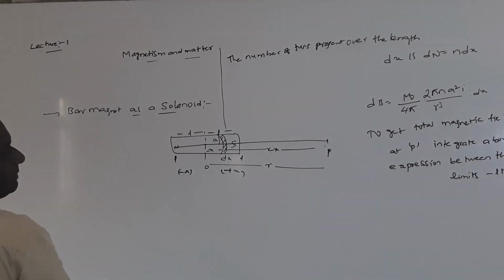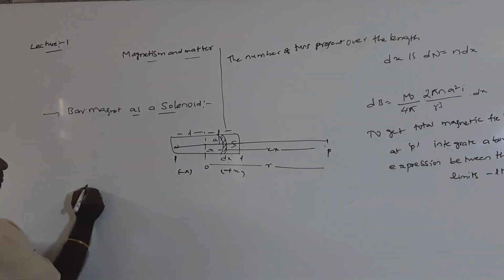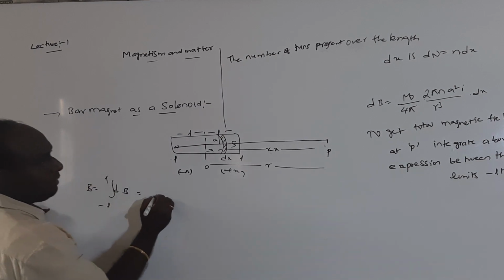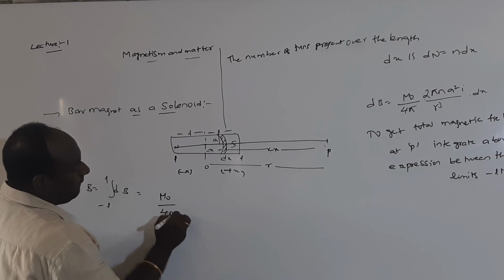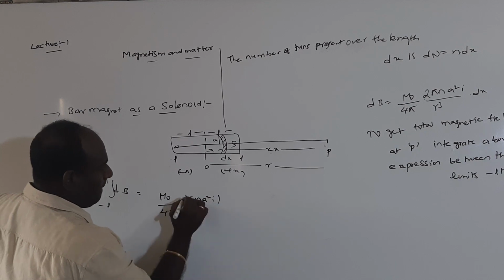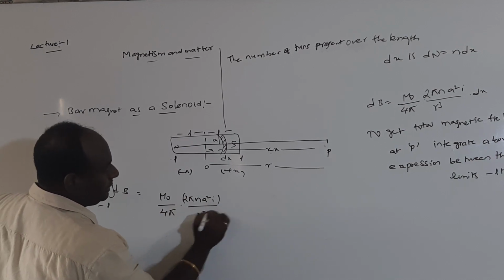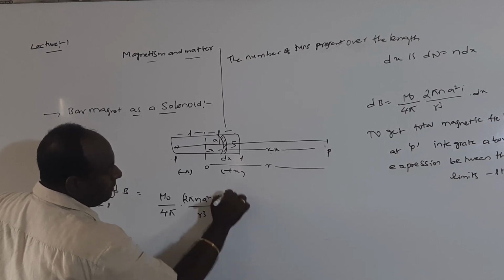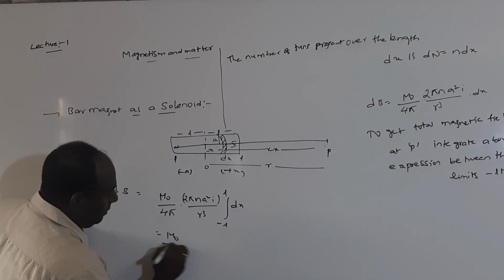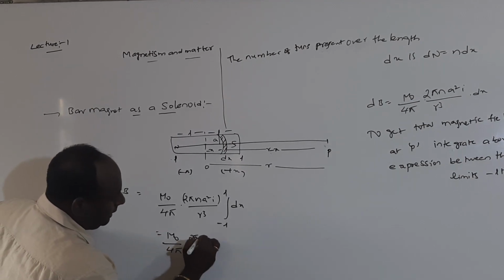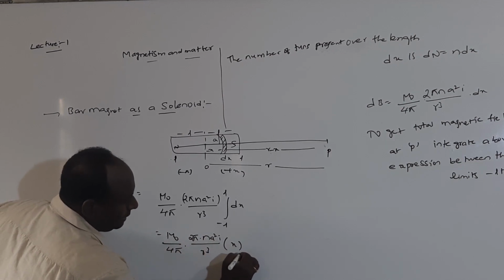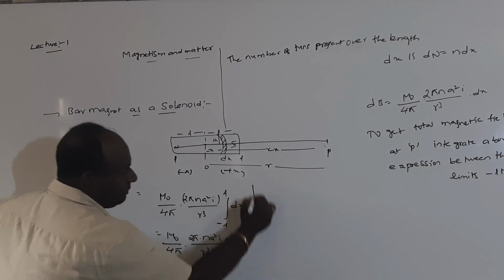Now I am going to integrate this expression. So I can write B equal to integral dB from minus L to plus L. Writing all the terms outside: mu naught by 4 pi into 2 pi n A square I by R cube, integral dx from minus L to plus L. The integration of dx is x, so between minus L and plus L. After integration, what will we get, sir?